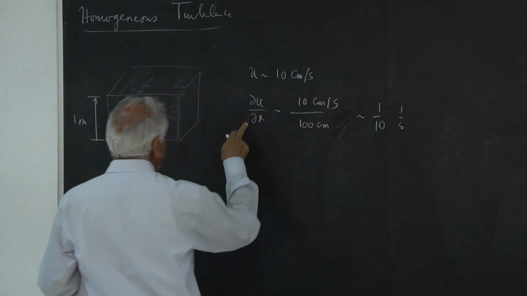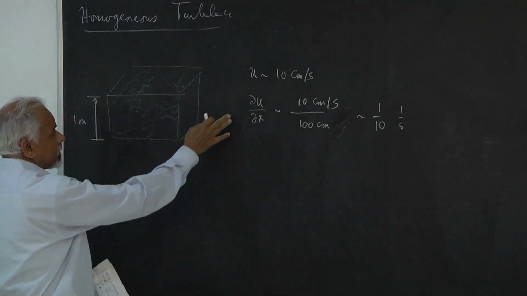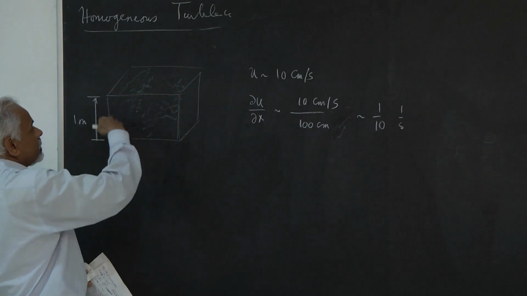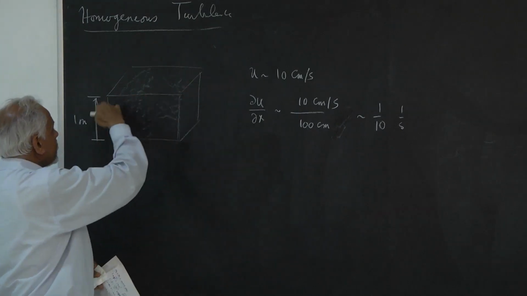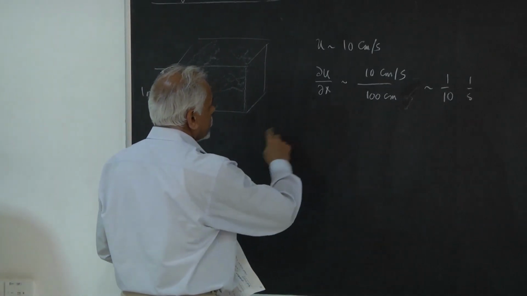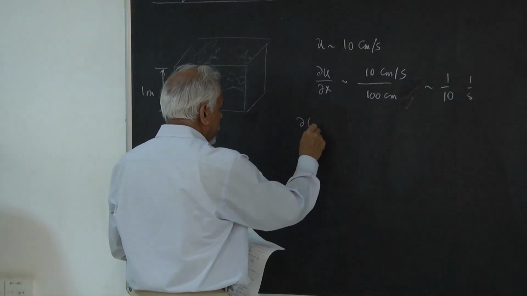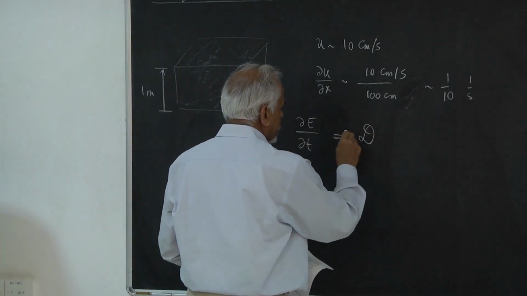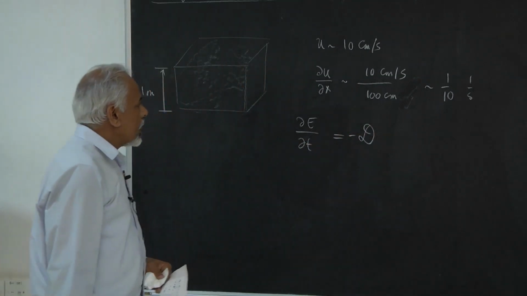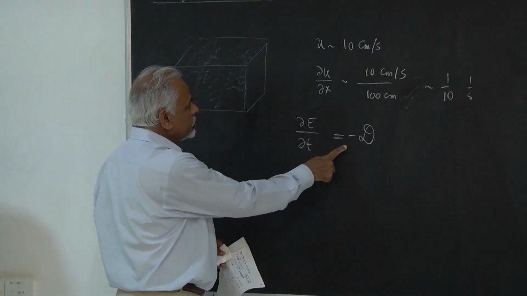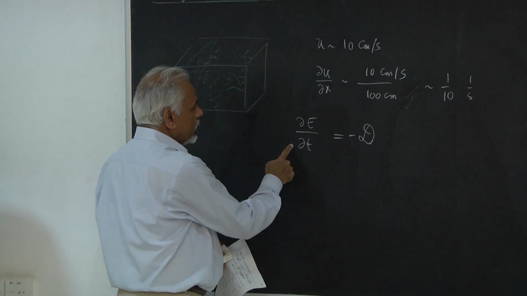So I'm just making this very naive estimate, which I'm going to show is wrong in a minute. So this is a typical velocity and typical length scale here. And so if I write dE/dt equals minus dissipation, as I did yesterday, because P turns out to be 0, see what happens here.